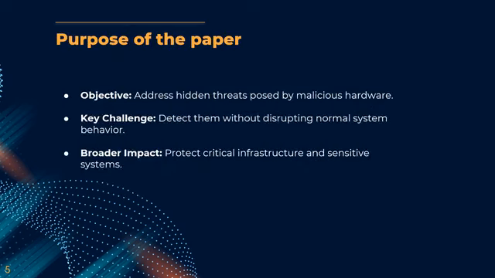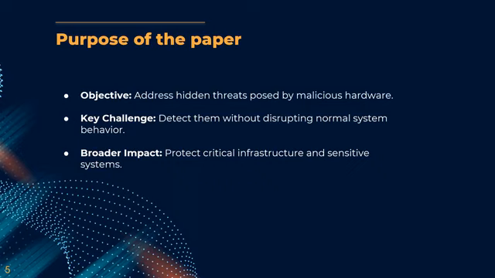This paper addresses a critical gap in hardware security. Its main goal is to explore an approach to detecting malicious circuits while keeping performance intact. Unlike traditional detection systems that often slow things down or flag too many false positives, this method seeks to strike a balance. Find the Trojan circuits, but don't disrupt the overall system.